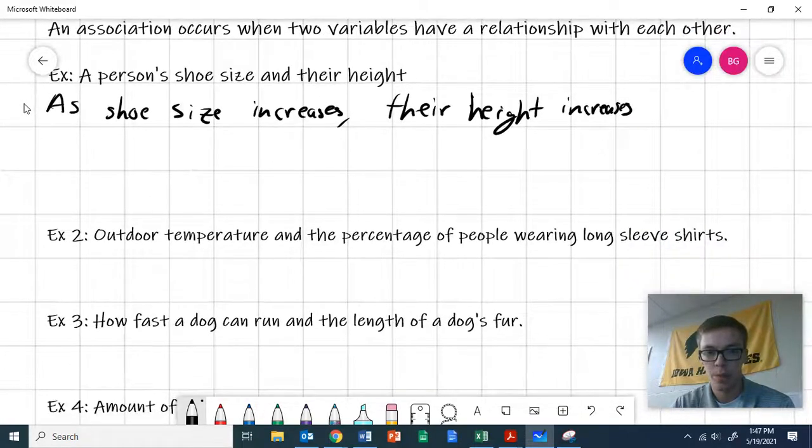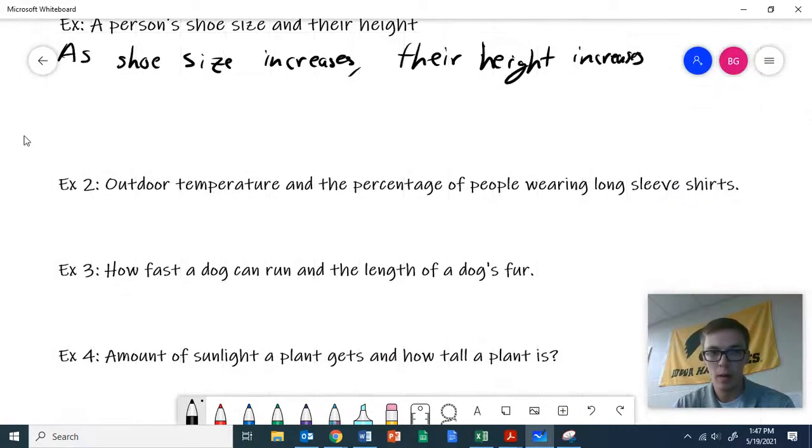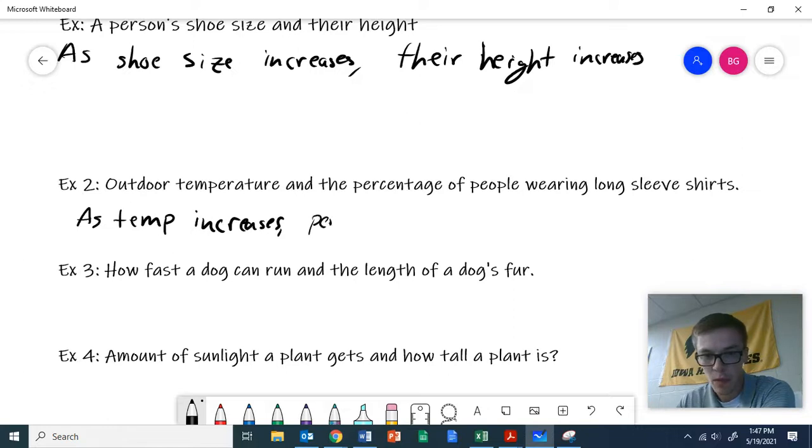So next one here, I've got example number 2. Outdoor temperature and percent of people wearing long sleeves. Ask yourself, is there an association between these two? And if so, how would you describe it? All right, so this one does have an association, okay? And we would then say, as the temp increases, percent of long sleeves decreases, okay?